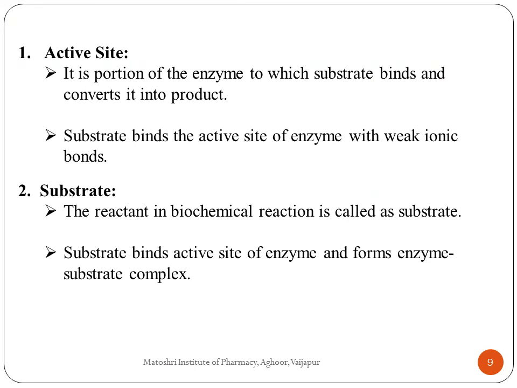The enzyme active site is the portion of the enzyme to which the substrate binds. This binding is due to weak ionic bonds. Substrate is nothing but the reactant in the biochemical reaction.